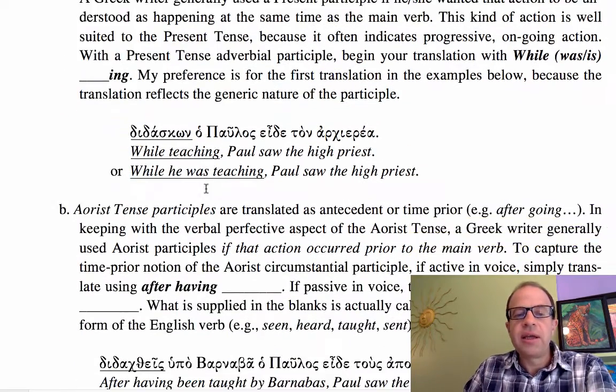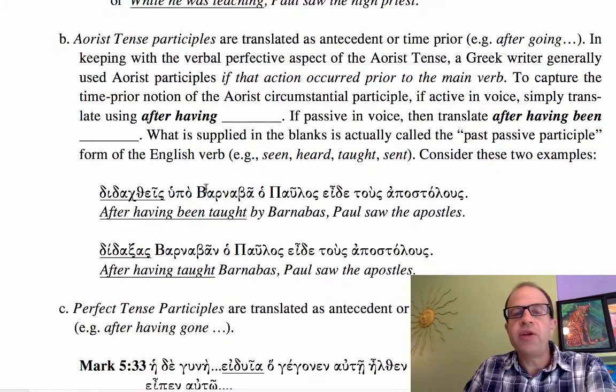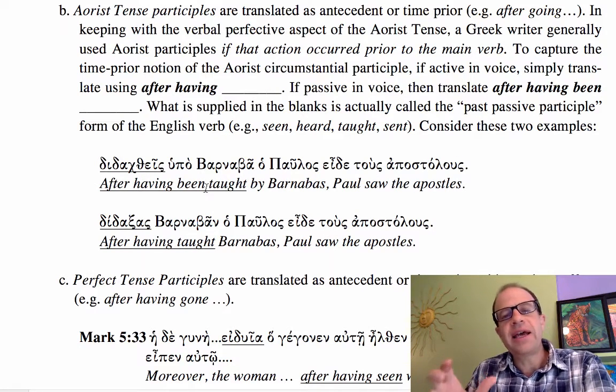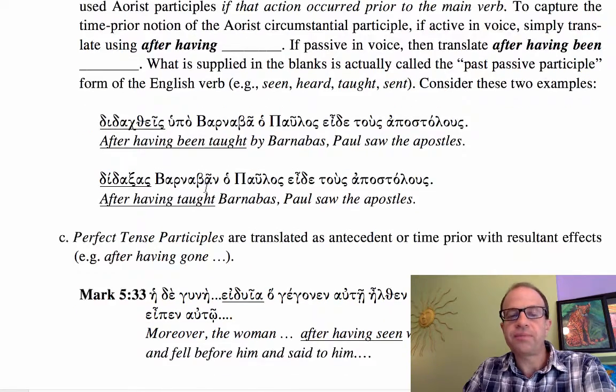In a similar way, aorist tense participles in prenuclear position tend to indicate prior time, that is, events that have happened prior to the main verb, and a conjunction that can help set that up is, in English, the temporal conjunction "after."